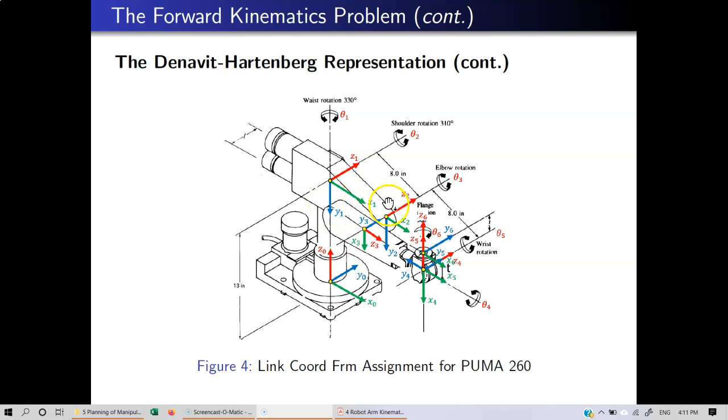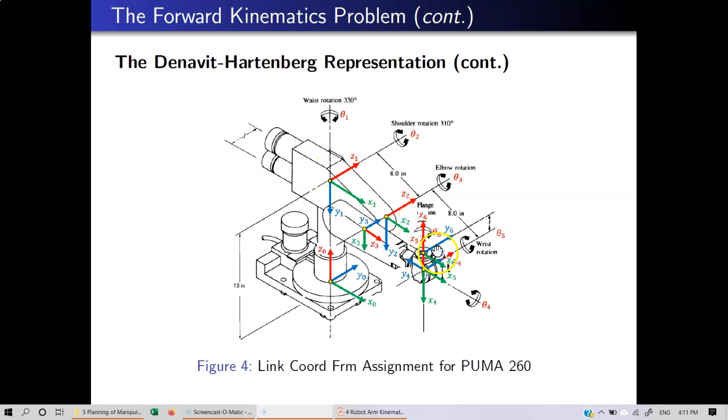Next, Z2 has to be along the axis of rotation of joint number 3. What is the origin? Because Z1 and Z2 are parallel, we have to find a common normal between Z1 and Z2. Let's imagine there's a line here.